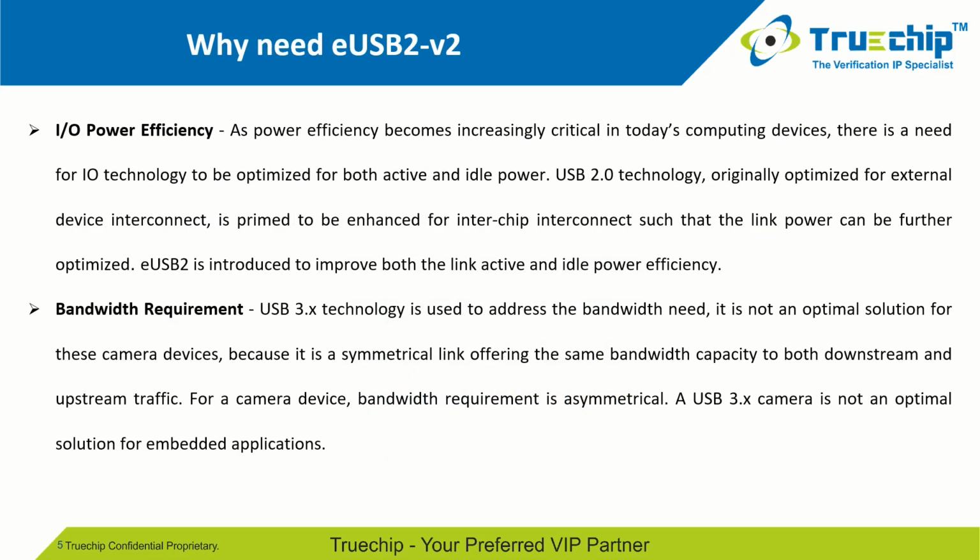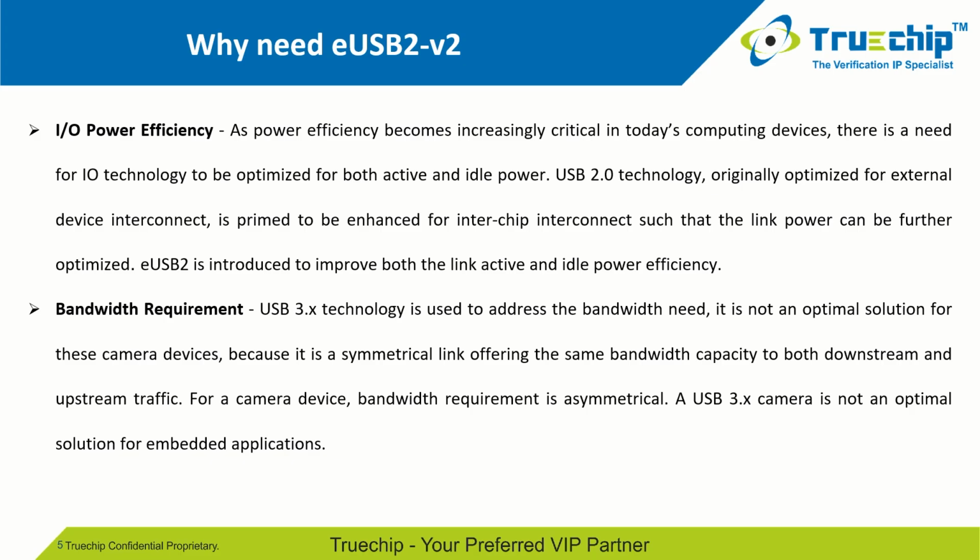Now we will see the need for eUSB2 V2. First one is I/O power efficiency. As power efficiency becomes increasingly critical in today's computing devices, there is a need for I/O technology to be optimized for both active and idle power.